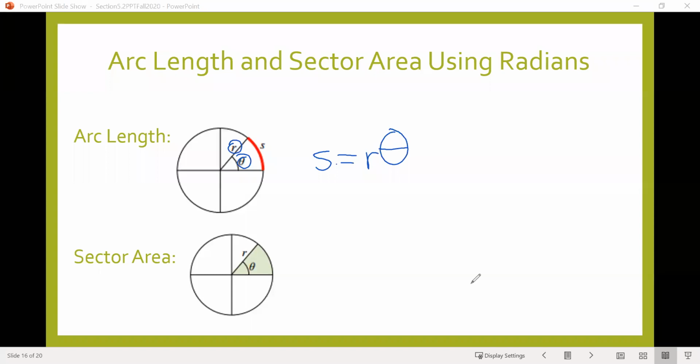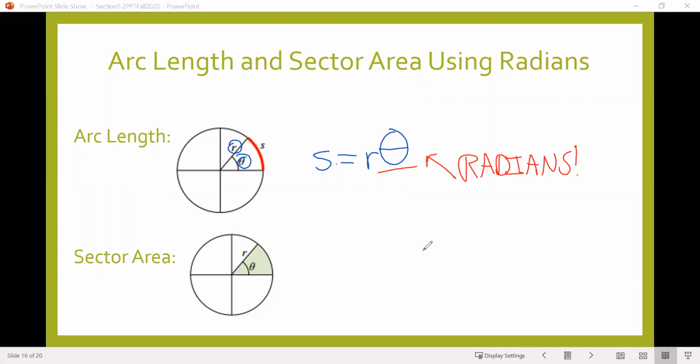It's a really concise formula, no pi's involved. But what is important here is that the angle measure must be in radians. This does not work if your angle measure is in degrees. It will not work.